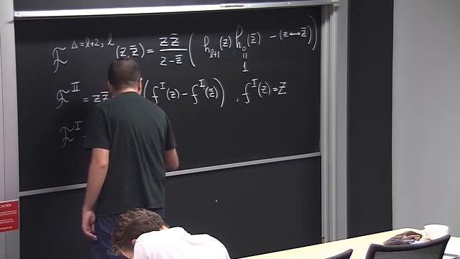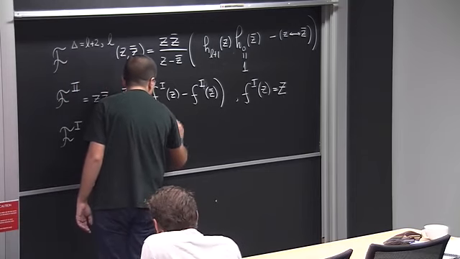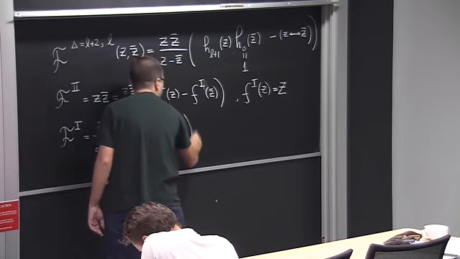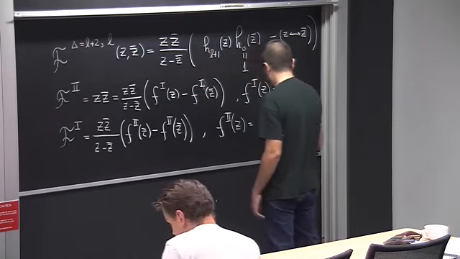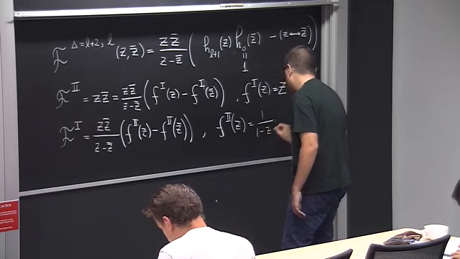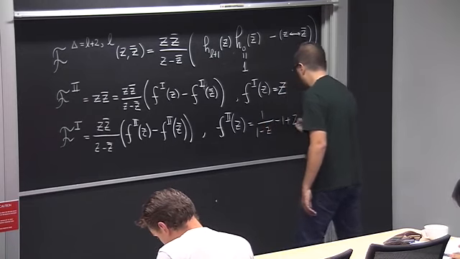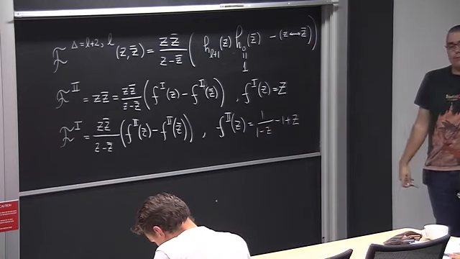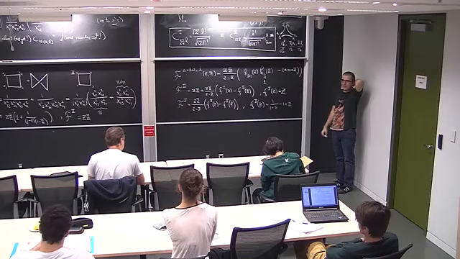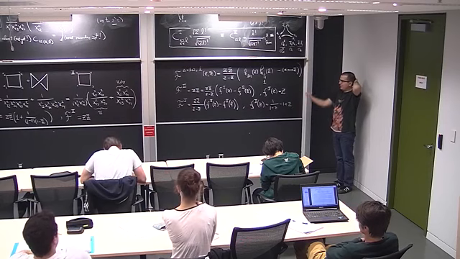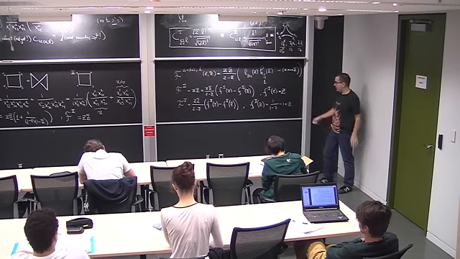And indeed, you can also write it as F2 of z minus F2 of z bar, where F2 of z is equal to 1 over 1 minus z. Okay. It's a bit non-trivial. You have to check. Just plug. You make slash factor in the previous expression, and you get the same. So that this is a representation.